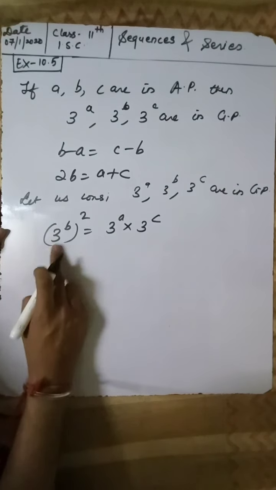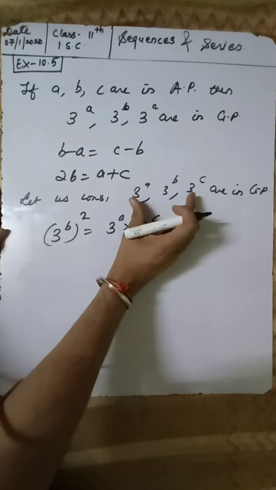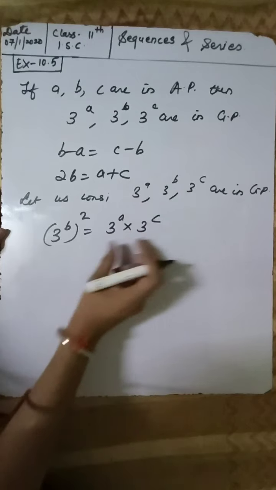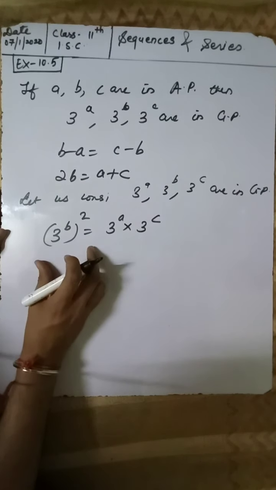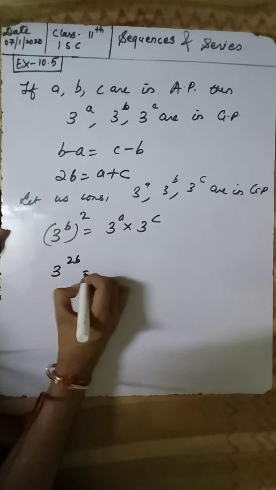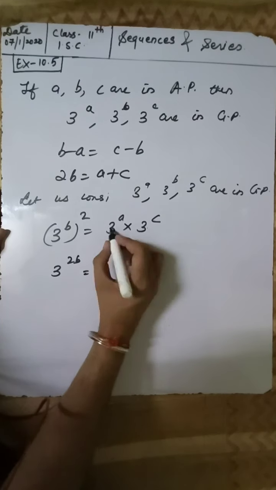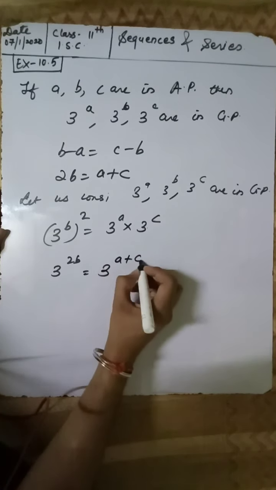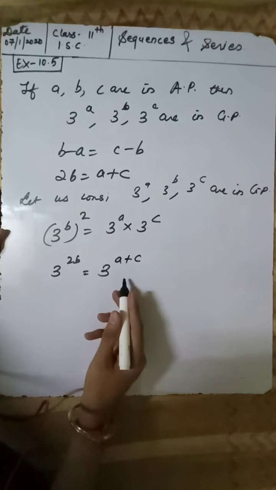The second one's square is equal to the multiplication of the extremes. From here, if you multiply these two, so 3 to the power 2b is equal to, by the law of indices, 3 to the power a plus c.